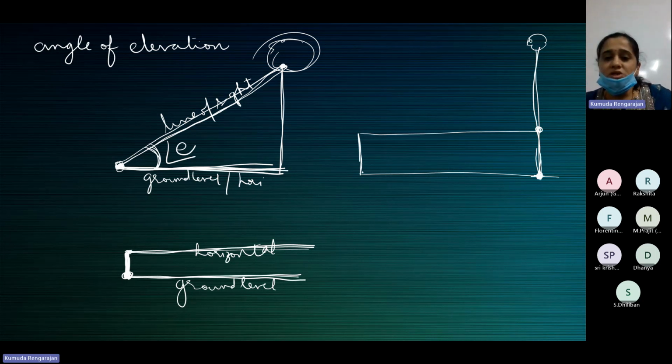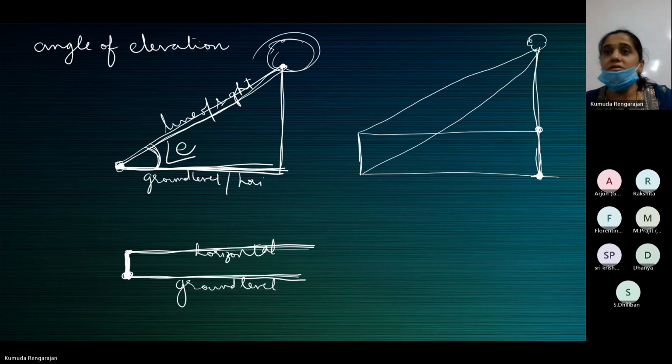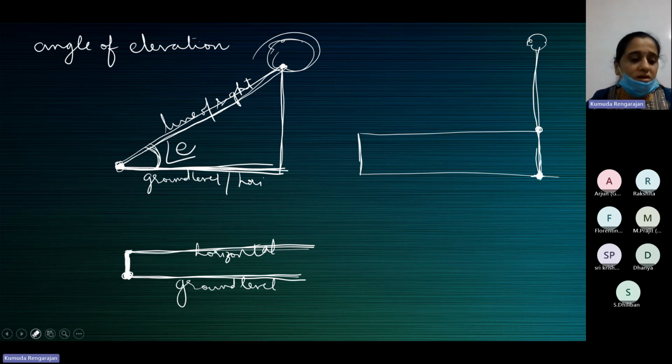Now the doubt is, should I draw like this or should I draw like this? The thing is, the line of sight does not connect the foot of the observer and the object. How does anybody see? Eyes. So the line segment connecting the eye of the observer and the object observed is the line of sight.